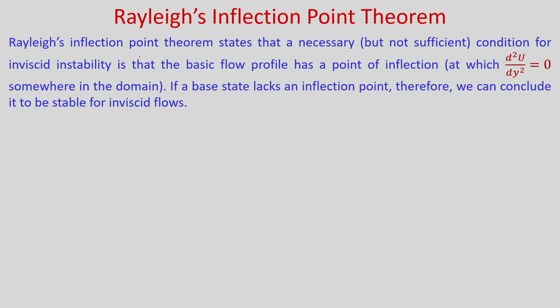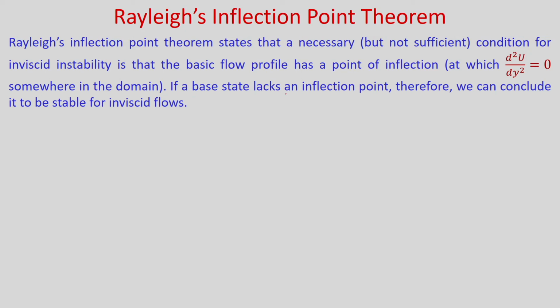Now we will discuss Rayleigh's necessary condition for inviscid stability analysis. Rayleigh's inflection point theorem states that a necessary but not sufficient condition for inviscid instability is that the basic flow profile has a point of inflection at which d2u by dy squared will be 0 somewhere in the domain.